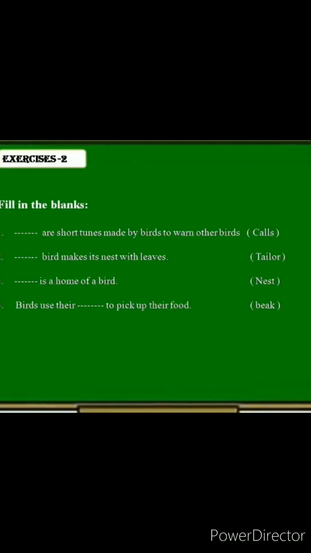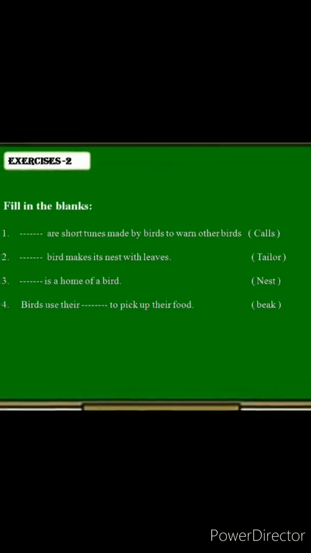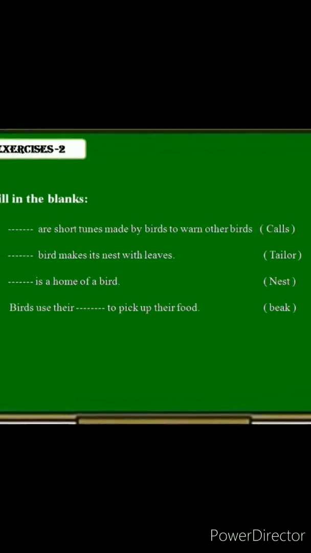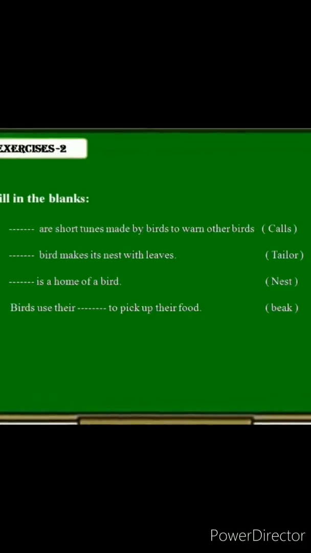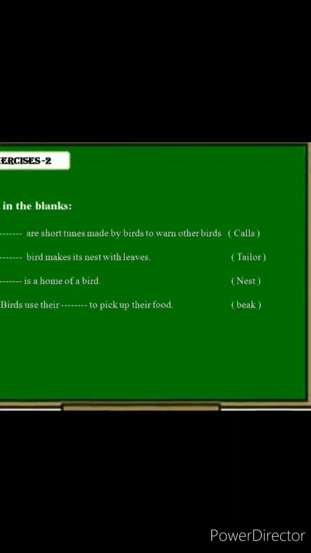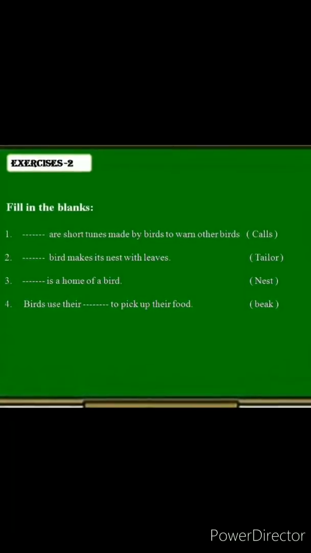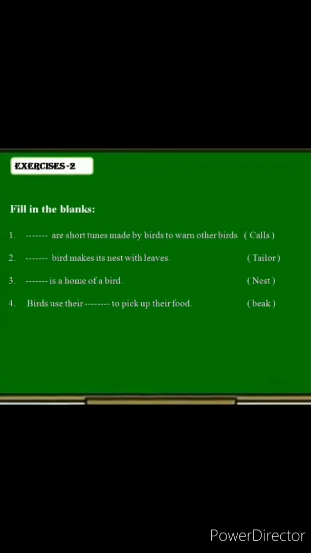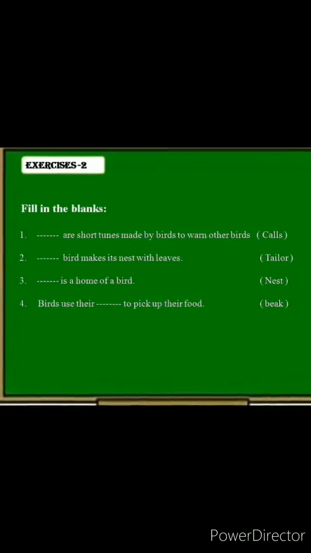Exercise 2. Fill in the blanks. Dash are short tunes made by birds to warn other birds. Calls are short tunes made by birds to warn other birds. Next. Dash bird makes its nest with leaves. Tailor bird makes its nest with leaves.